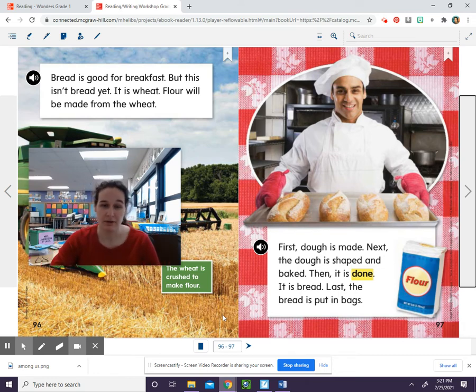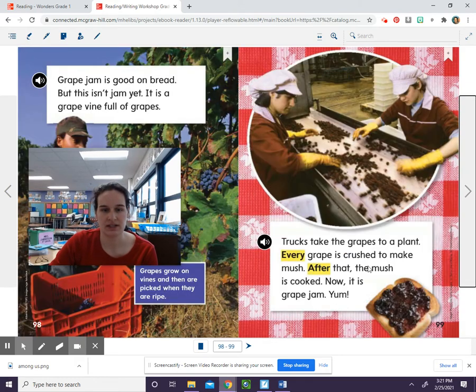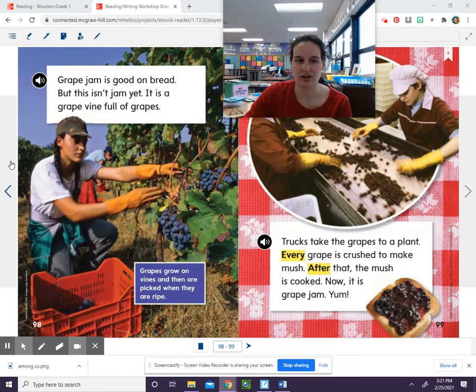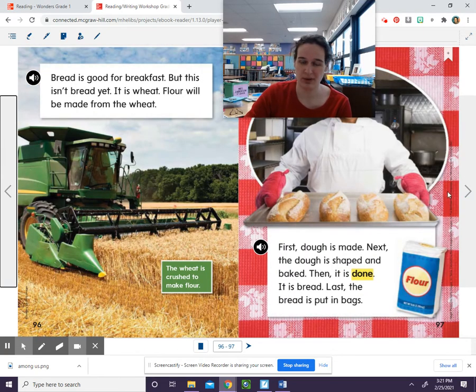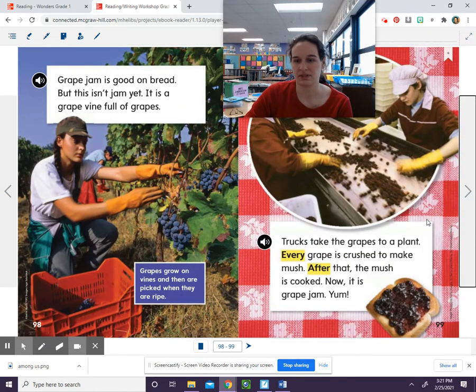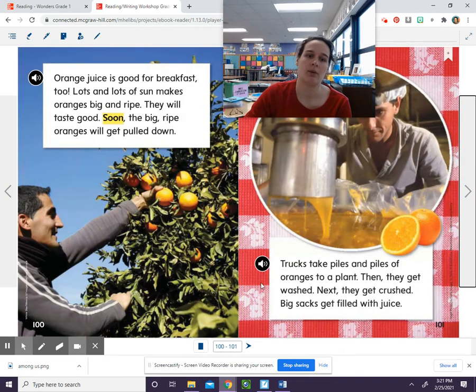We have rather have the beginning or the original. So let's take a look. I think I want to do, because our choices are the wheat into bread, grapes into grape jam, or oranges into orange juice. Let's do the orange juice. I think that will be fun.